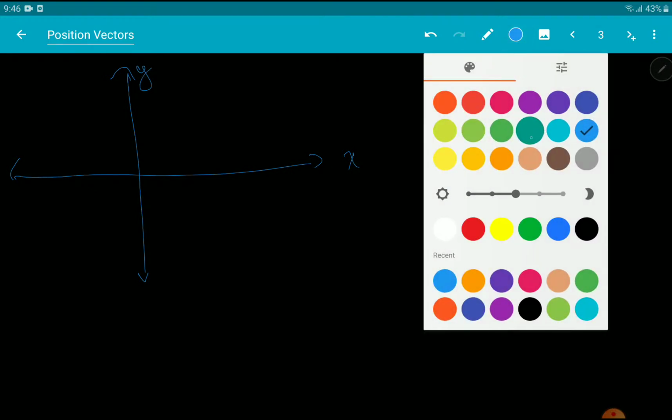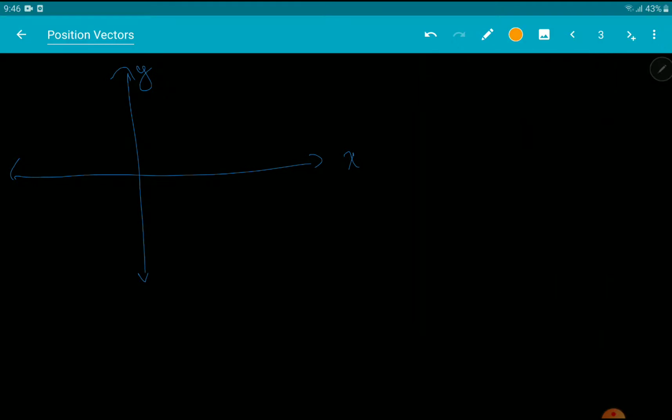Let's just draw our coordinate axes. Very important, the first step: the X and Y axes. And we define an origin right over here.